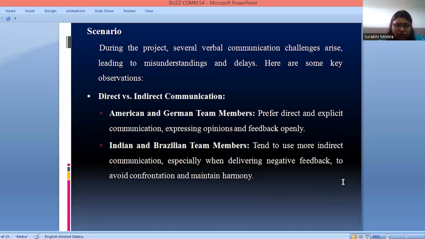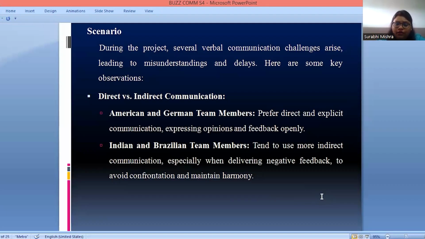Now, the second was Indian and Brazilian team members. They tend to use more indirect communication, especially when delivering negative feedback. Like when the Indian and Brazilian team members were giving their feedback, they were not very open with negative feedback. So they were communicating it in an indirect way to avoid confrontation and maintain harmony.